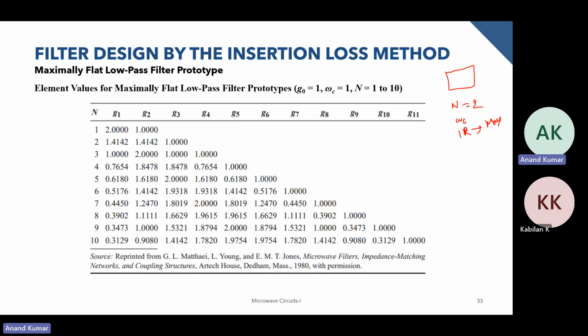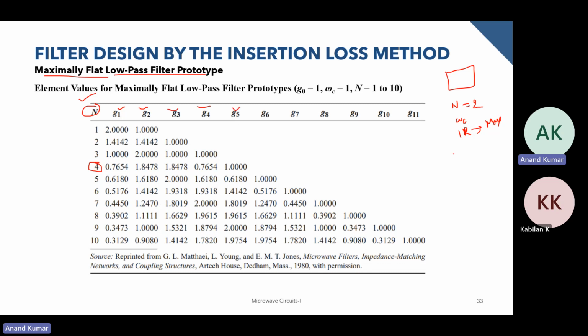I'm missing the table number, but you can find this in the chapter where they have discussed microwave filters. Once you have chosen the maximally flat low pass filter prototype and the order of the filter, for example 4, you get the values of G1, G2, G3, G4, and G5 as well.